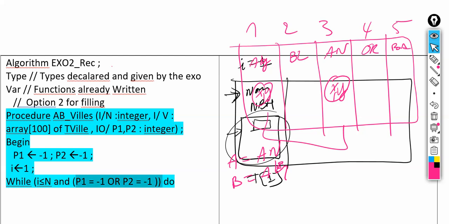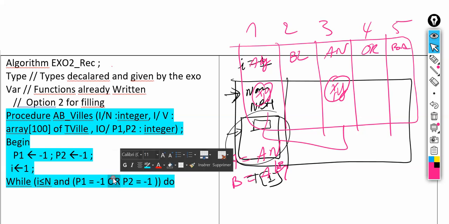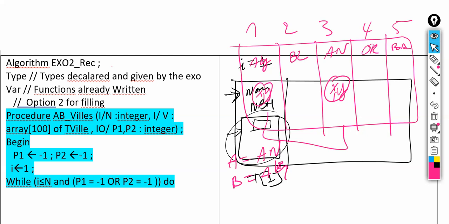Because this gives me true if one of these is true. It means if I found P1 and still didn't find P2, I continue looping and searching inside the array. All right? Because if you do here and, if one of them is false, it means that you stop. So no, you shouldn't stop if you find only one of them. This is the logic behind.